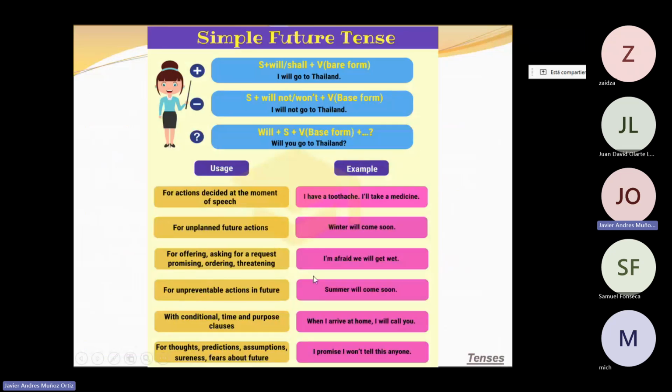I think it's important to remember how simple future tense works, because we have already studied this. For future simple tense, we need a person who is going to do an activity tomorrow, next week, next month, in 2050, or whatever. So we need an action, right?